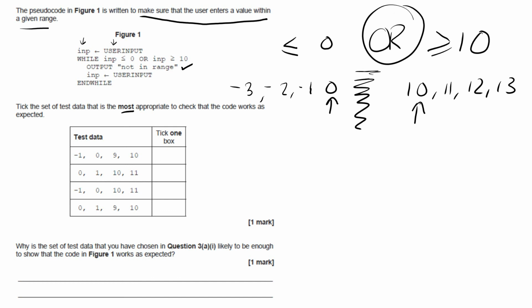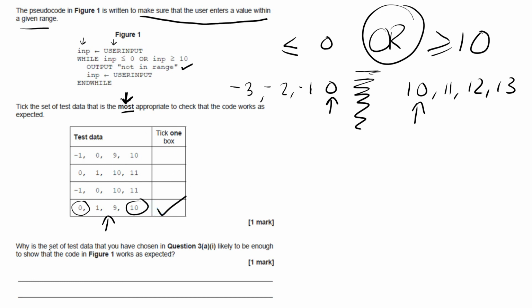So we're looking for 0 and 10, but we're also looking for some of the test data within that. So we've got 0 and 10 there, got 0 and 10 there. And it's saying the most appropriate. So you could do that one. But if we look down here, this checks both boundaries and some normal data within it. So that one is the most appropriate.